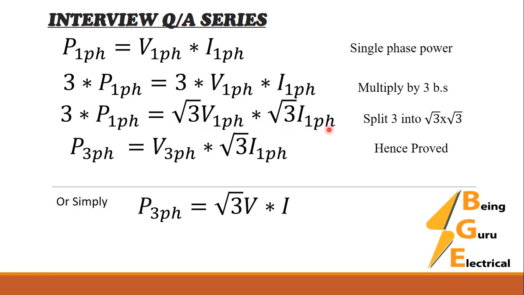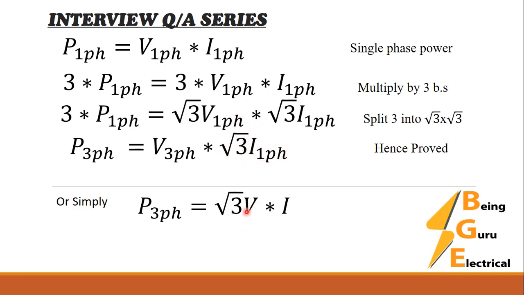This will convert to 3 phase power, and under root 3 V single phase will convert to 3 phase voltage, which is phase to phase voltage, multiplied by under root 3 times single phase current. So this under root 3 came from here.